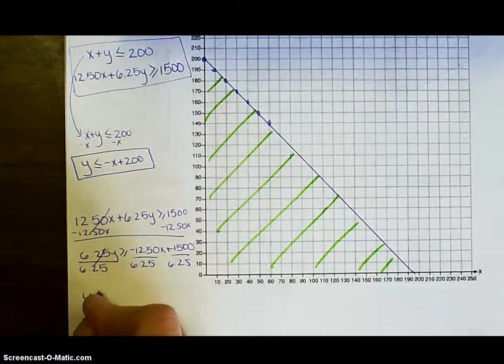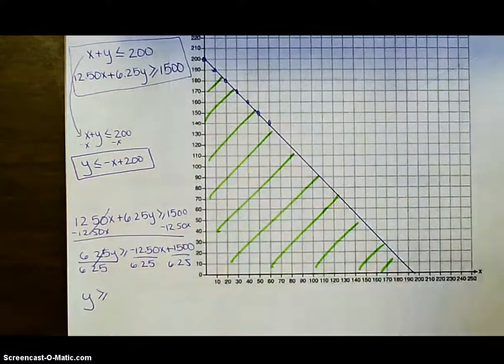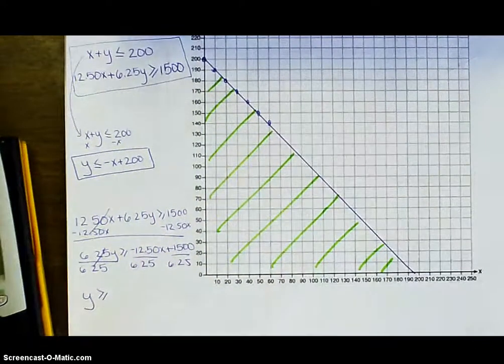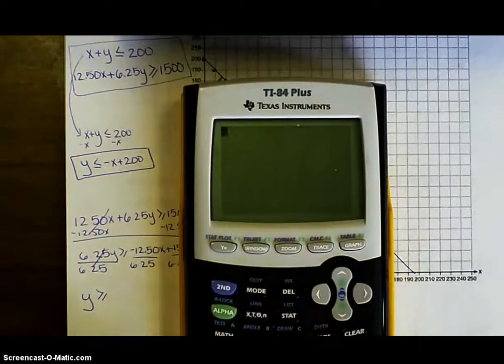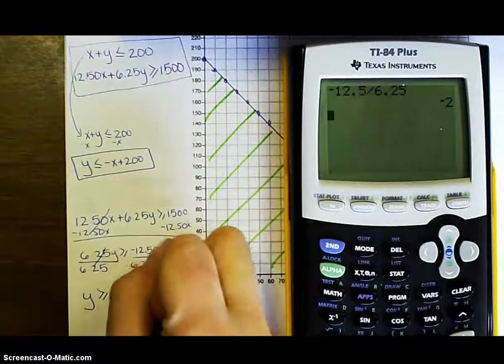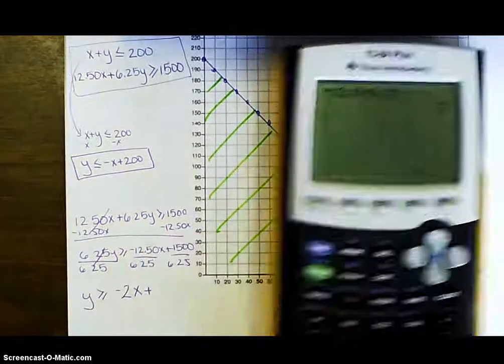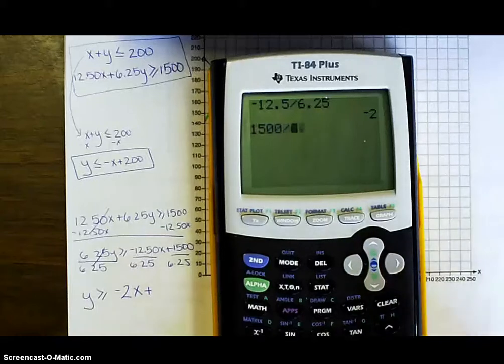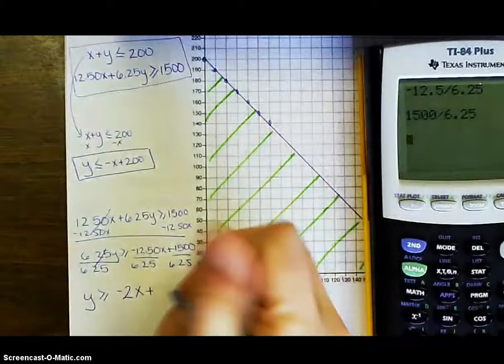So now we have y is greater than or equal to, and now in my calculator, I can type this in. So negative 12.5 divided by 6.25, and we're going to get negative 2x plus, and now 1,500 divided by 6.25, we get 240.